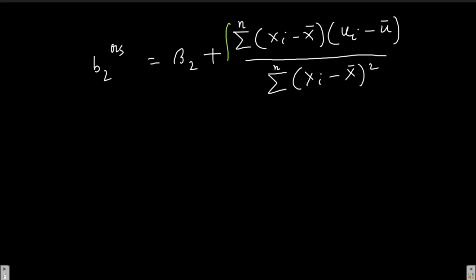Particularly this error term is really important in the sense that this error term actually gives a normal distribution of B2 OLS. This component of error is actually coming from the regression error, and we know that regression error follows a normal distribution as per the Gauss-Markov assumption.